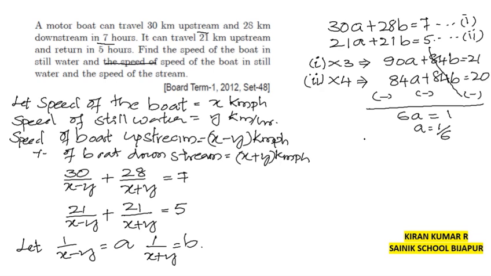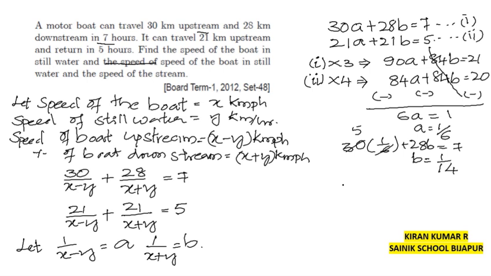For that, I'll consider the first equation: 30 times 1 by 6 plus 28 times b equal to 7. 6 fives are 30. When 5 is transposed to the right hand side, we get 2. So the value of b will become 1 upon 14.